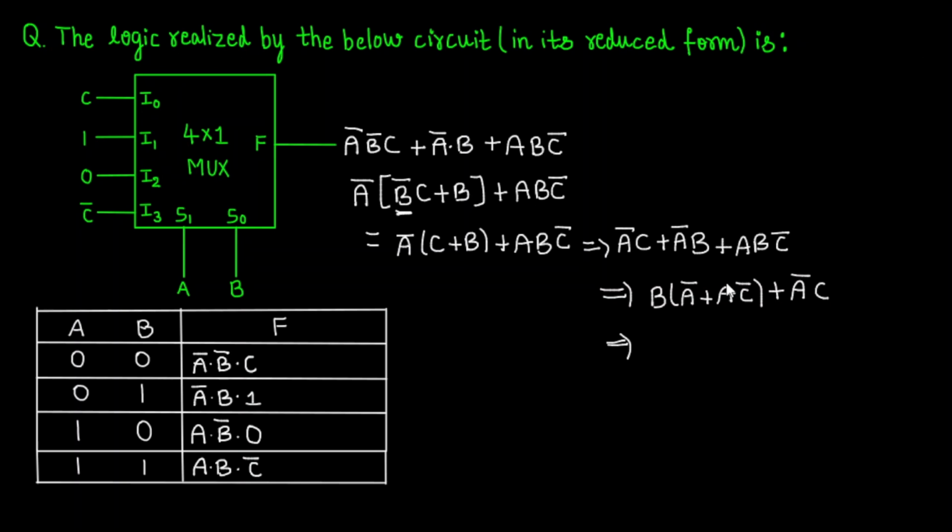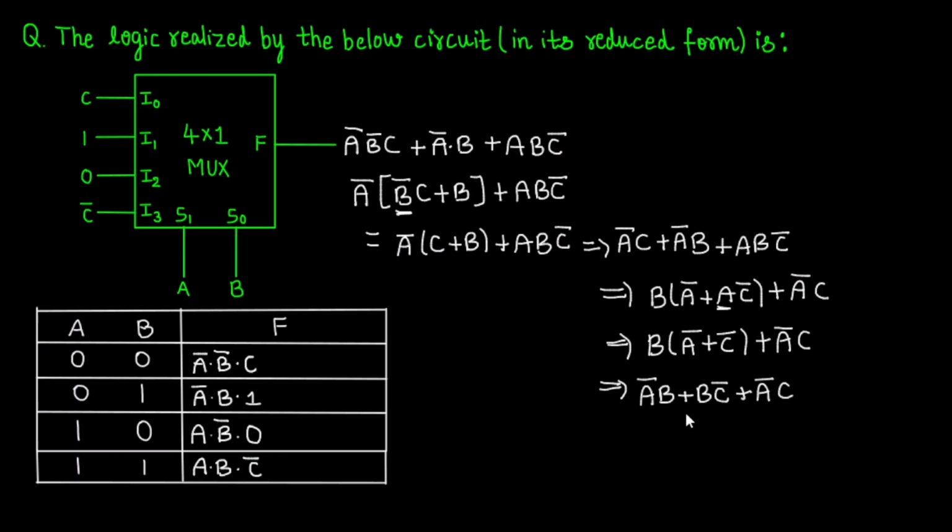So here the term A is neglected as per the Boolean formula which we have discussed in the prerequisites. So B into A bar plus C bar, plus A bar C, expanding again A bar B plus B C bar plus A bar C.